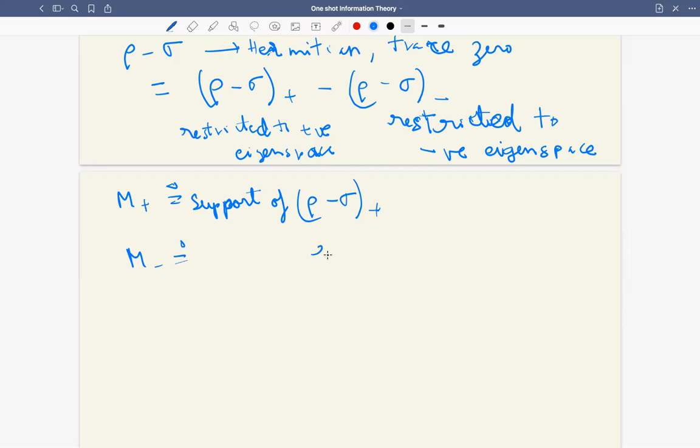And m minus is the projector onto the support of rho minus sigma minus. Now you can see that m plus and m minus are orthogonal spaces, and together they span the entire space. So this pair is an orthogonal projection, an orthogonal measurement, with all its properties. Now I can write down what m of rho is: trace of m plus rho.